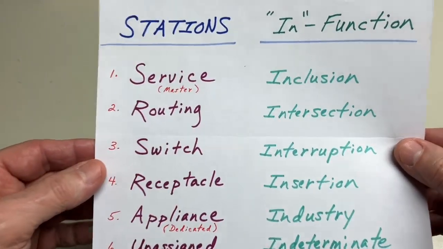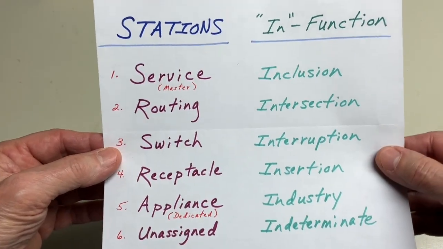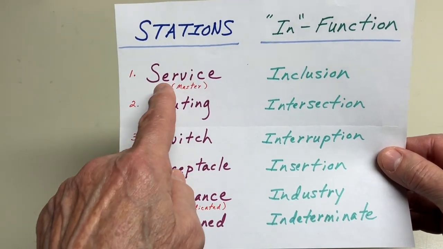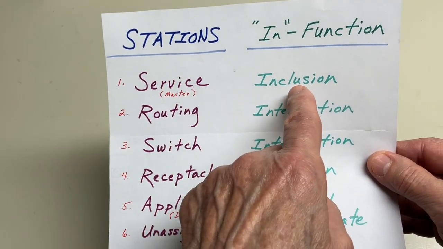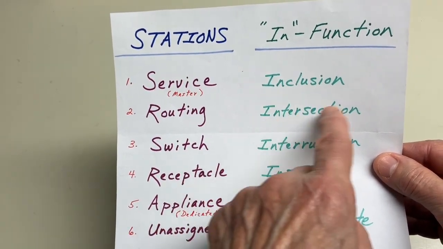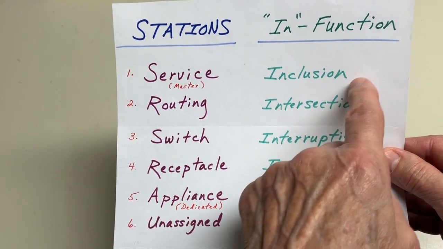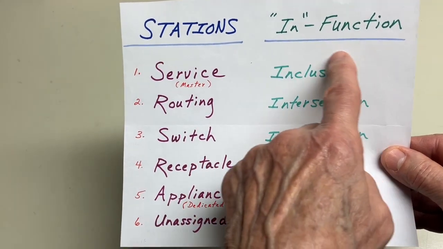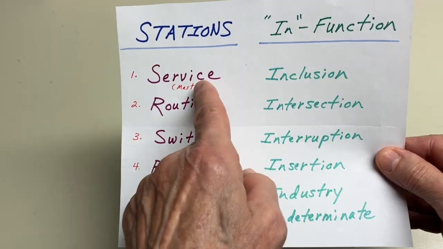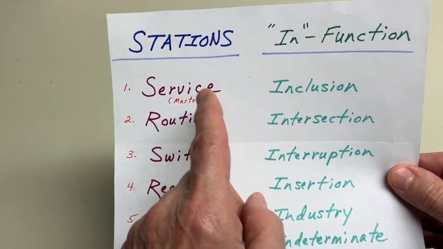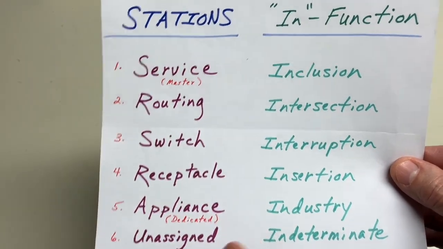And I have this little mental helpful hint that I use called the in function. Each station pretty much has an in function. Service or service entrance would have the inclusion function. In other words, everything must be included in your service station or you get no power. Nothing happens. You have to hook in to your service station, hook into a breaker somewhere, right?